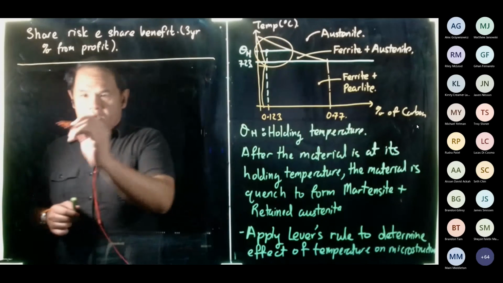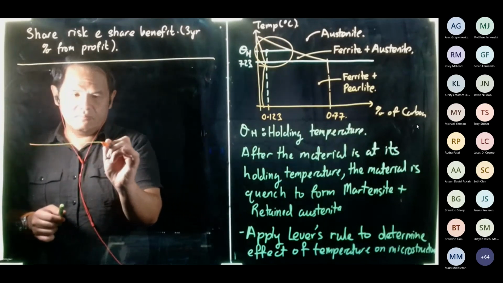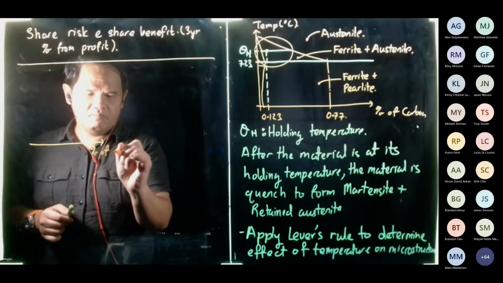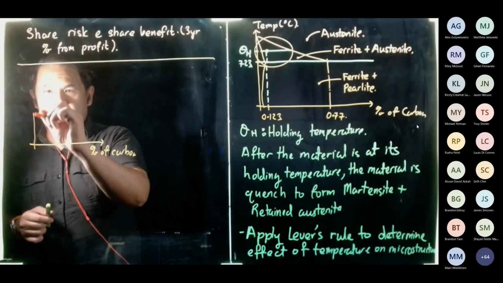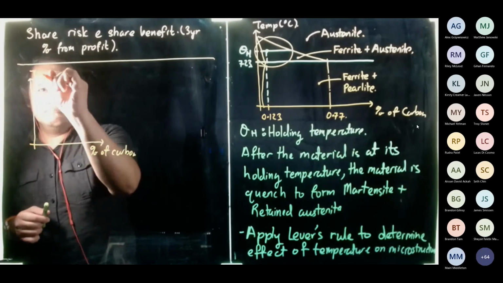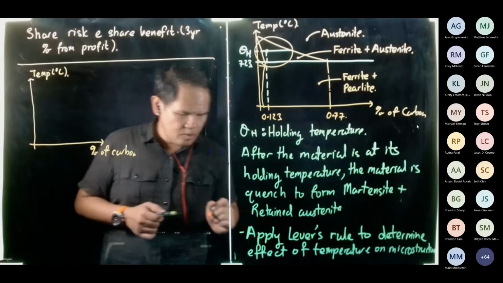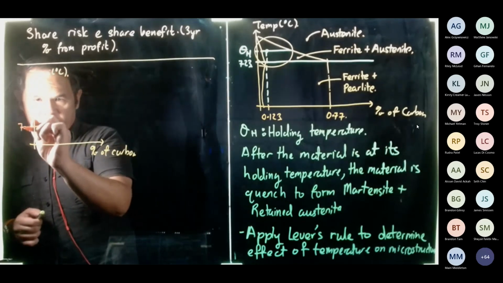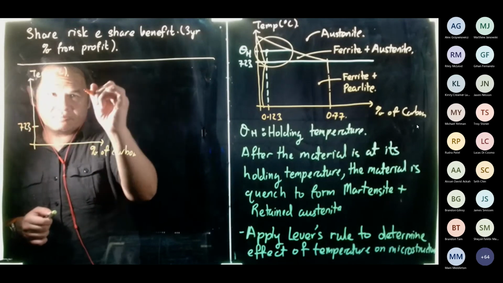So now we have percentage of carbon, and this is temperature. This is the 723 line. This is just a sketch.